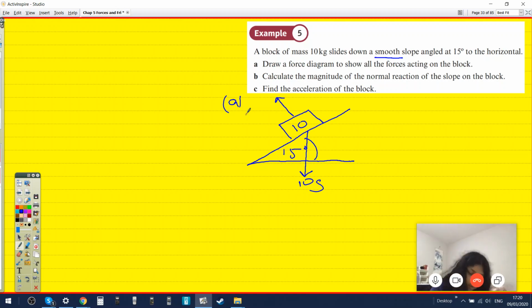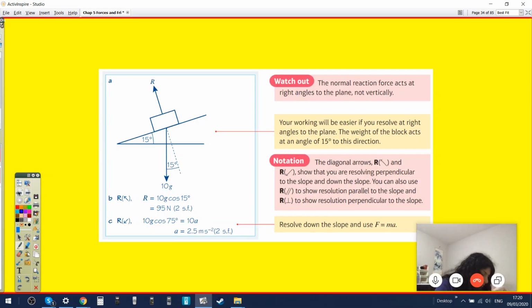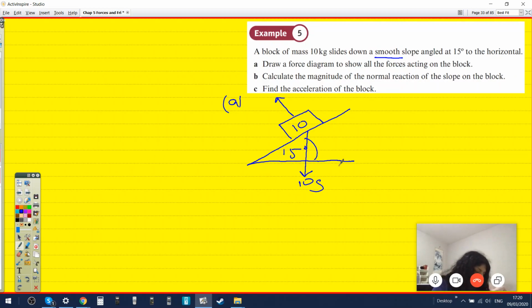So R is equal to 94.66. I mean, 10G cos 15 is fine, I think. Okay. So R equals 10G cos 15. And C.